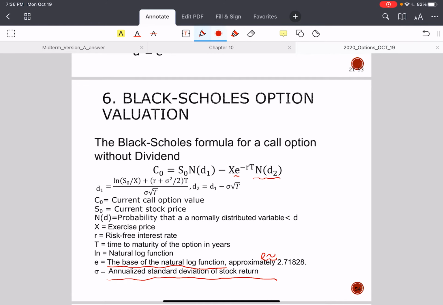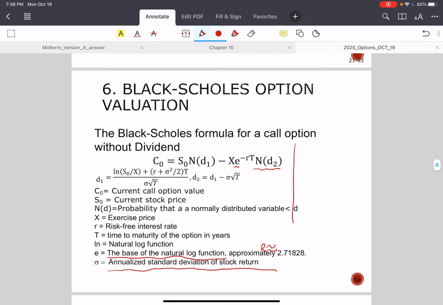If you think about the probability density function of a standard normally distributed variable, it looks like this, a very nice bell shape. Let's say you want to find out N(0.5). How could you represent this probability on this picture?